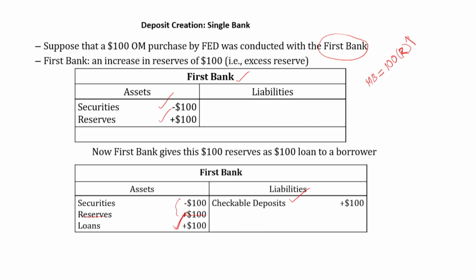That's how a commercial bank gives loans. Then it's up to the customer if they want to withdraw this money or not. It will be immediately deposited in the customer's account when the loan is sanctioned. So you can see that loans have increased, and similarly on the liability side, checkable deposits have increased.